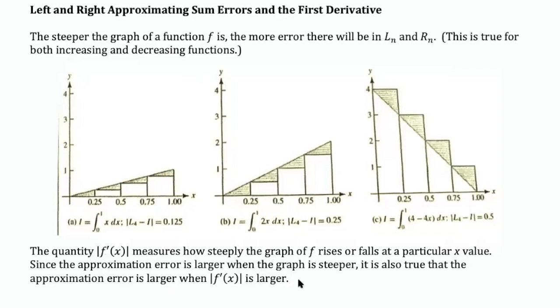Since the approximation error is larger when the graph is steeper, it's also true that the approximation error is larger when the value of the derivative is larger. So this gives us a way to start to track how significant the error is.